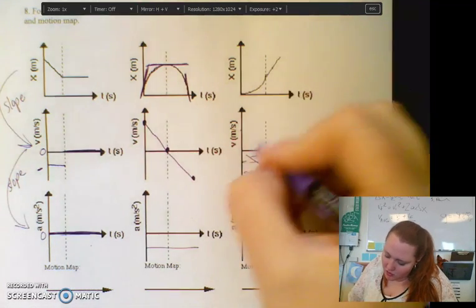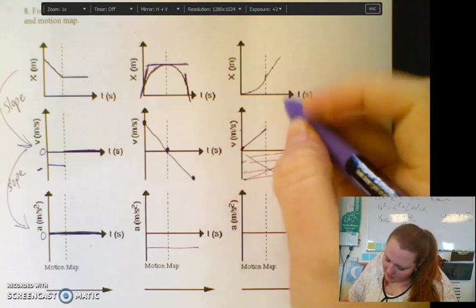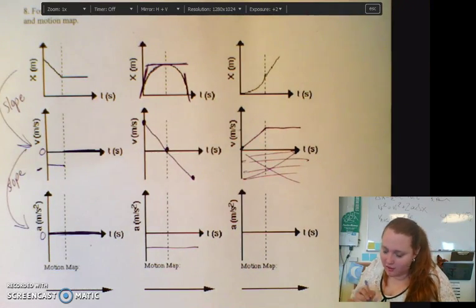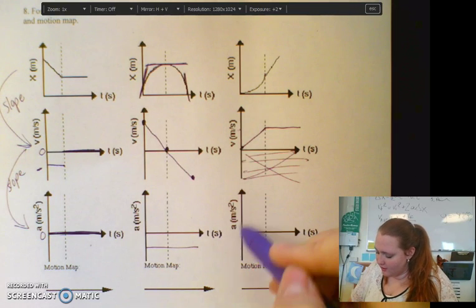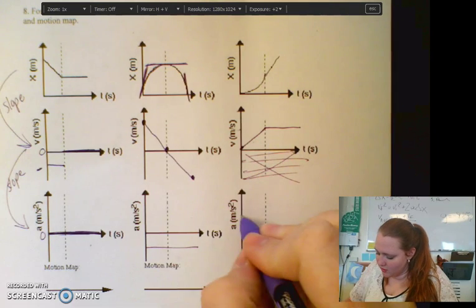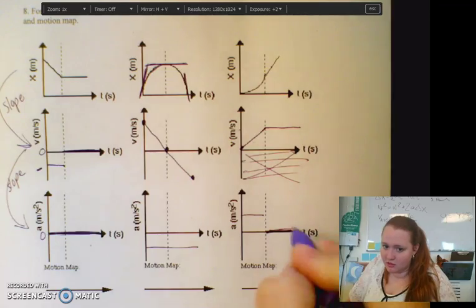I'm going to start with a low velocity, and I have to leave 0. And then I need a constant velocity, so I get a flat line on my velocity graph. Now, here we have a positive acceleration because the slope at this section is positive. And then we have no acceleration, because when you're moving at a constant speed, you're not accelerating.